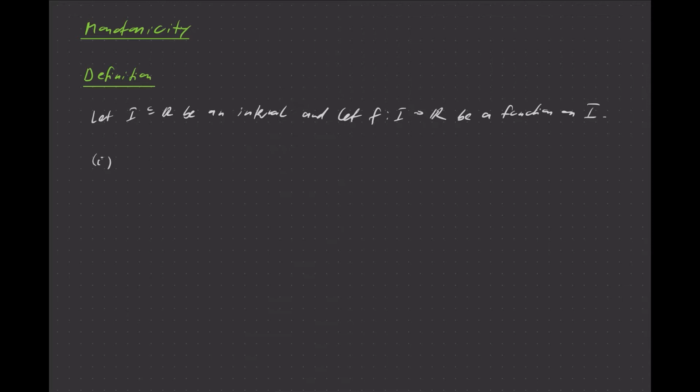Then, first part of the definition, the function f is called, we'll start with increasing, and we'll also define what strictly increasing means.